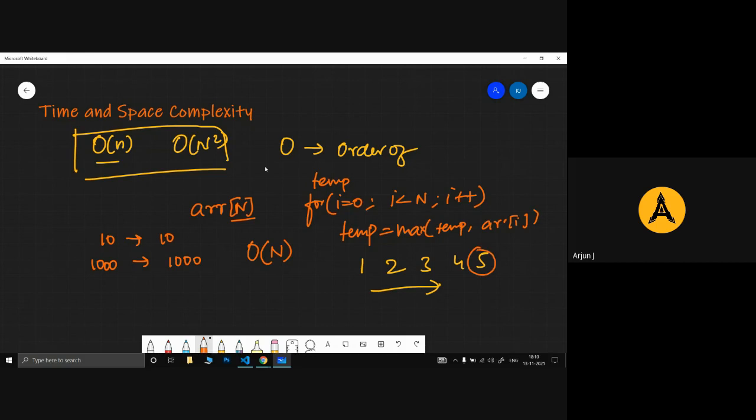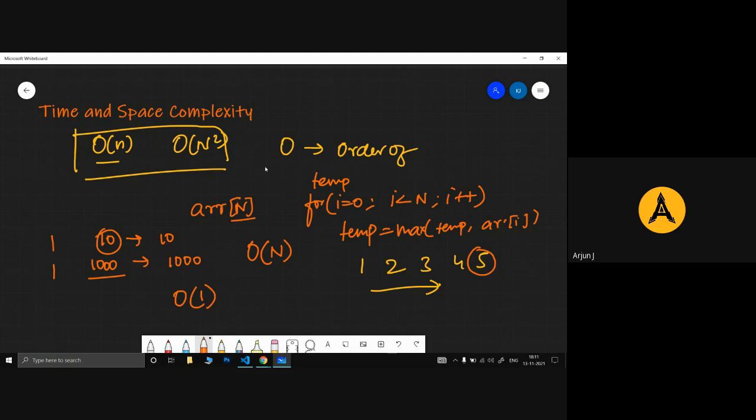So this will take constant time. It does not depend on the size of the array. Even if it is 10 elements, you will say in a single step that the last element is the max. It doesn't matter if it is 1000 elements; the last element is obviously going to be the maximum. Here you're taking constant time which does not depend upon the input. So in this case, we will say it is O of 1.